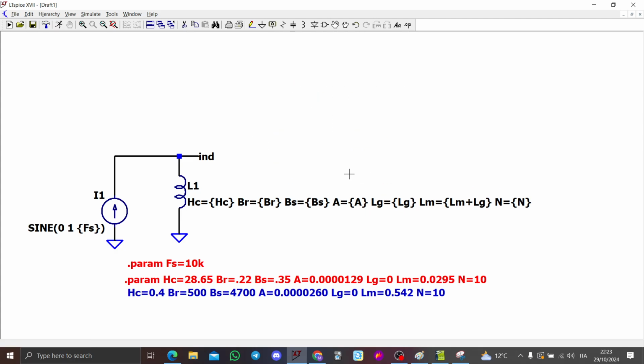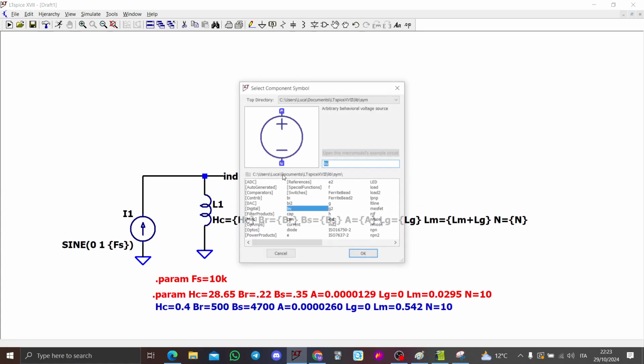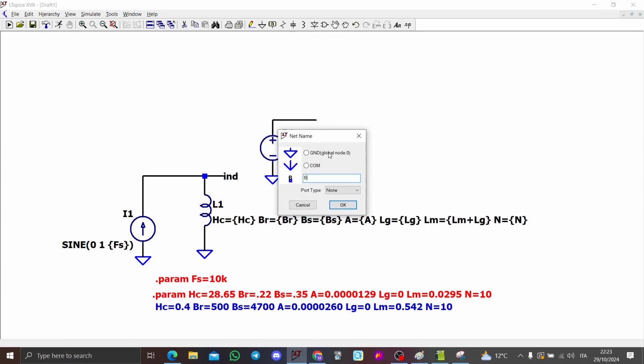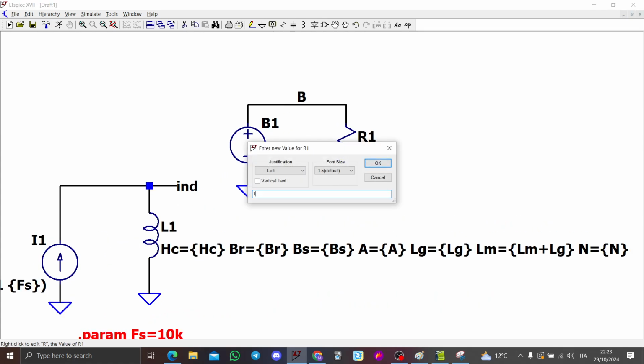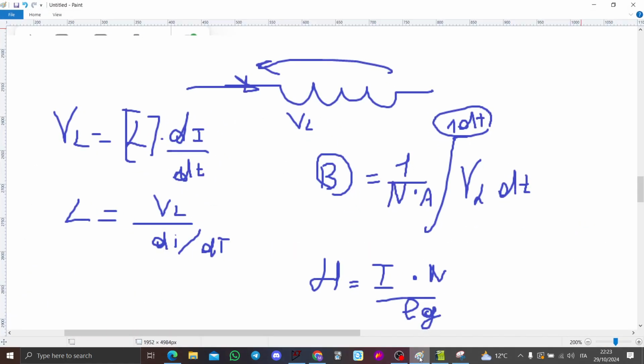We can even skip this, because the voltage across the inductor we already have, so we can skip this. Let's directly calculate B, and I think that's it. You can even stop at B. Just put a load of 10 kilo or 1 kilo, something like that, not to leave it open. And then let us write the equation here.